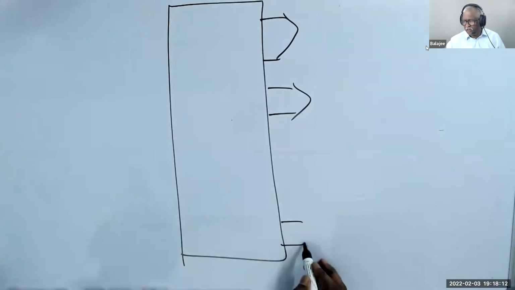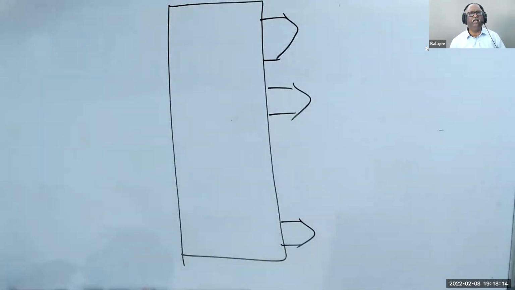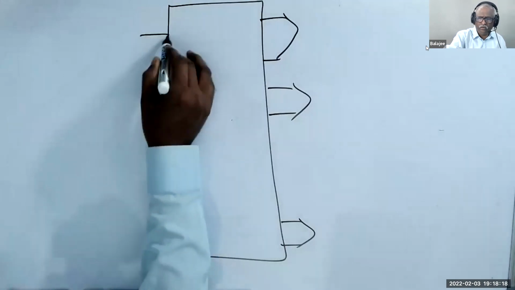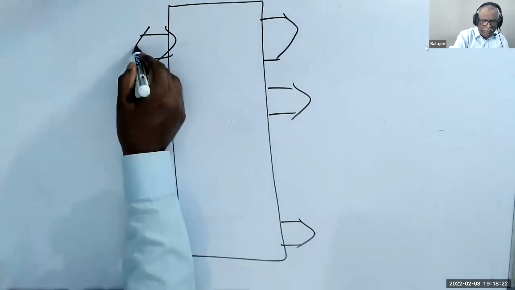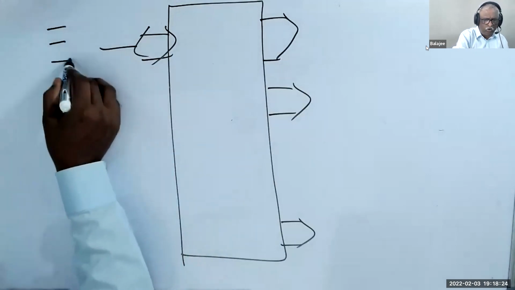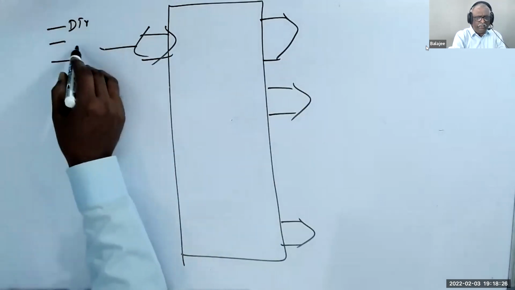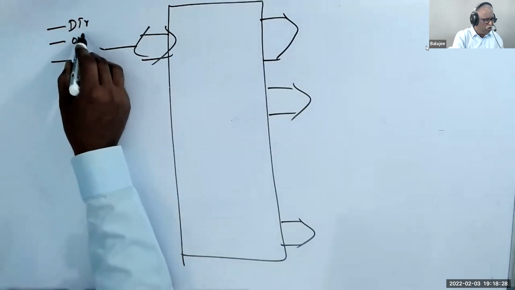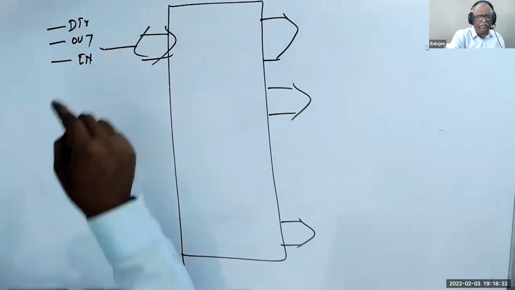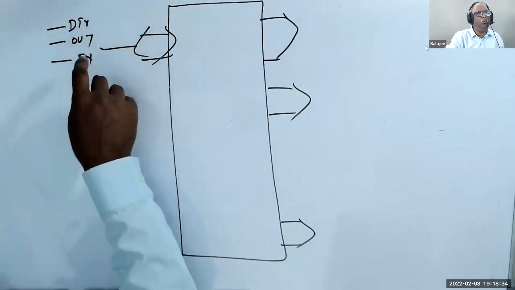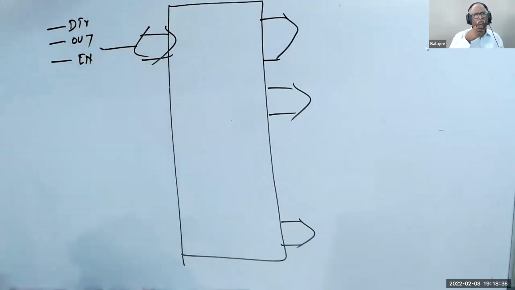Each port can have their own addresses. And each pin can be input or output. And each port is having 3 addresses. One is called direction. One is called output. One is called input. Understand? One is called direction. One is called out. One is called in. Okay.